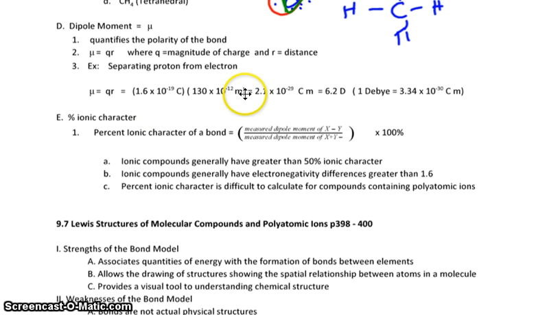You multiply these together and look at your units. That's a capital C for coulomb, m stands for meters. You get a debye, and so you end up figuring out how many debyes it is. Again, never seen any of that on the AP exam.